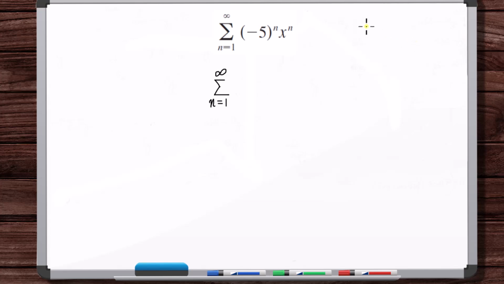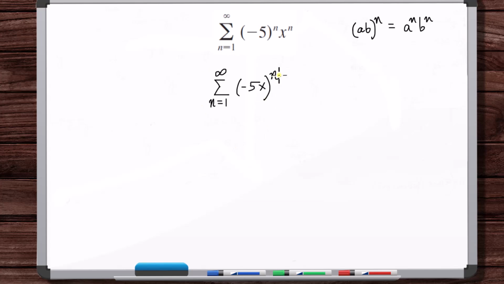Okay, so based on this property of exponents, (ab)^n is equal to a^n b^n, we can say this. Okay, so there you go.